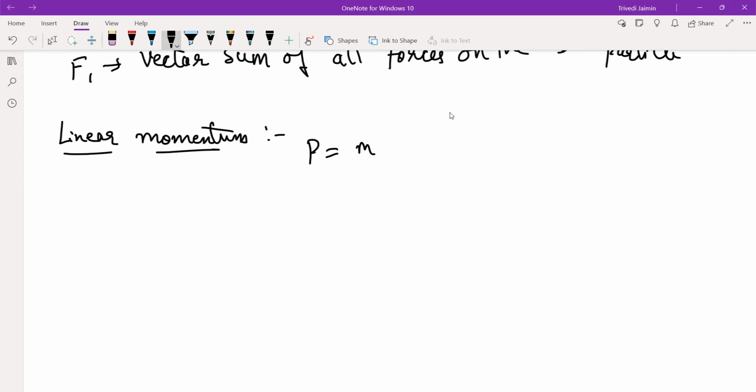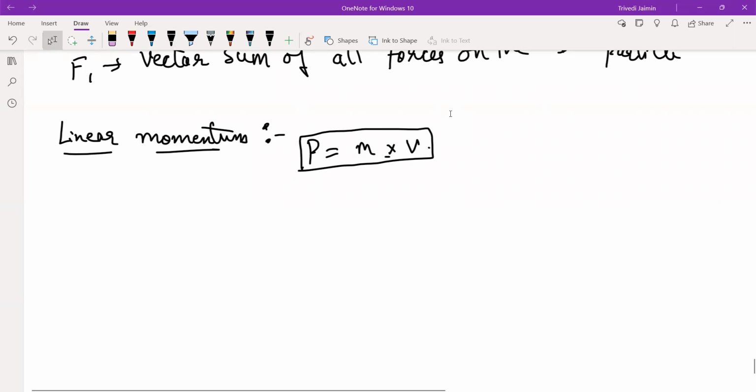This is not a cross product, I'm just multiplying it. I didn't mention vector here, so you can understand, right? So linear momentum is total mass into velocity, total mass of the system.